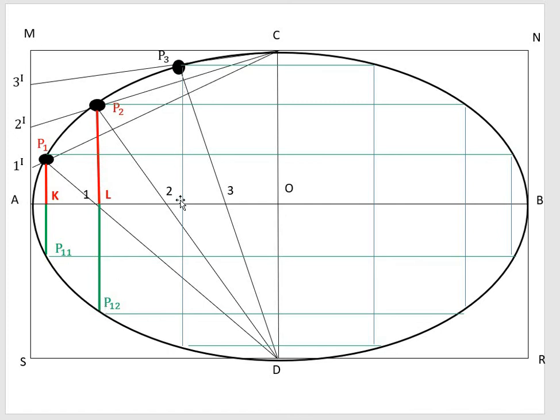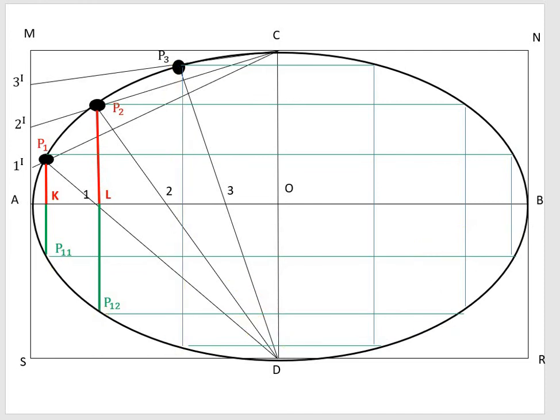Similarly, from P3, whatever length is there up till this point, it should be the same on this side of the axis. So similarly, you will get the points P1, P11, P12, and this point also. Carry on with the other quadrants also.